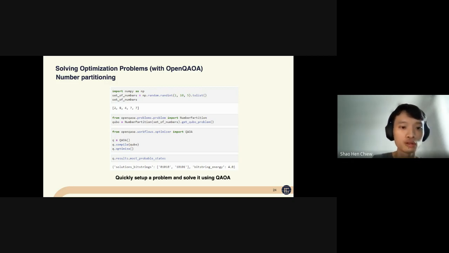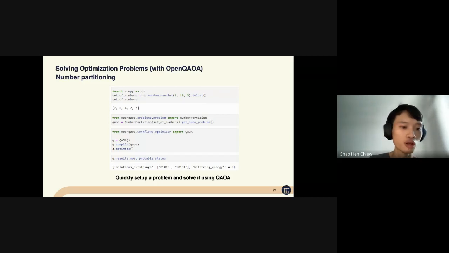In the second cell, using OpenQAOA, we directly convert this set of numbers into the QUBO formulation of the number partitioning problem. So we handle that. In the third cell, after we have this QUBO formulation, we construct the quantum circuit using OpenQAOA. And that is really as simple as creating this QAOA object and writing this compile line.